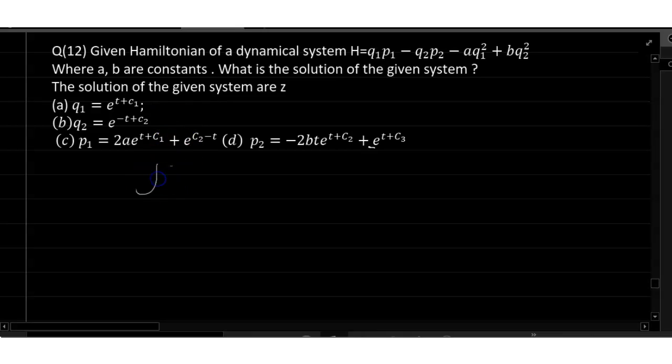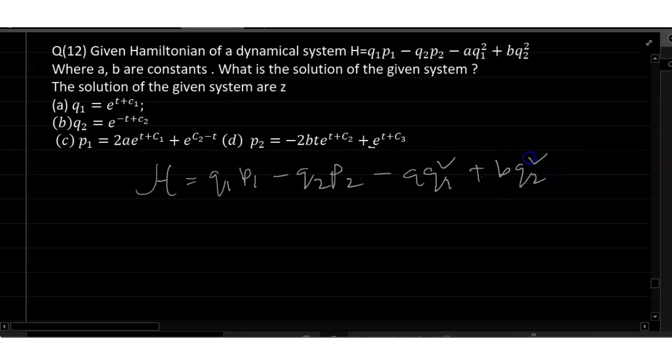H equals Q2 minus A Q1 square plus B Q2 square.